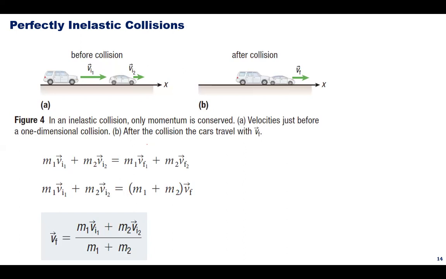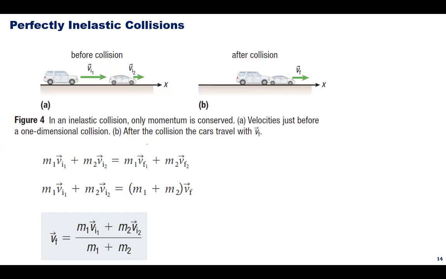Then the cars collide and lock bumpers, and they have the same velocity, vf, after the collision. The cars are moving in a horizontal direction, x, and if they are coasting, there are no external forces on the cars in this direction. Therefore, the total momentum along x is also conserved.